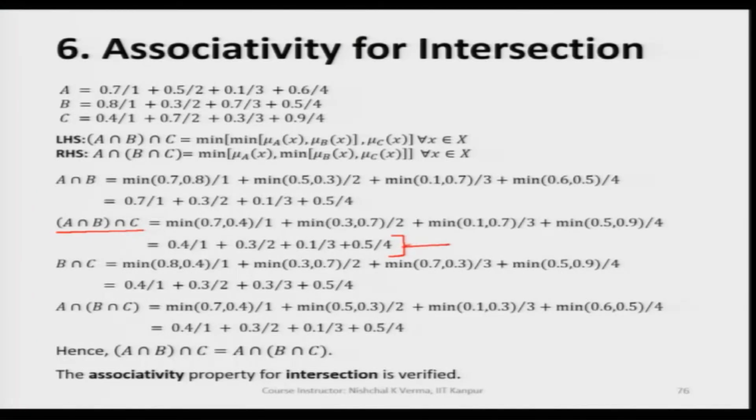This is the outcome that we get as the intersection of A intersection B and C.